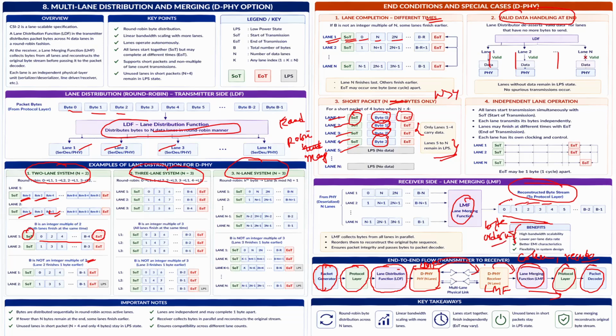After that, synchronization checks: between the start of transmission and end of transmission, how the data will be corrected. If any lanes are idle, they will receive the data first. So these are the checks we need to consider while transmitting and receiving the data.